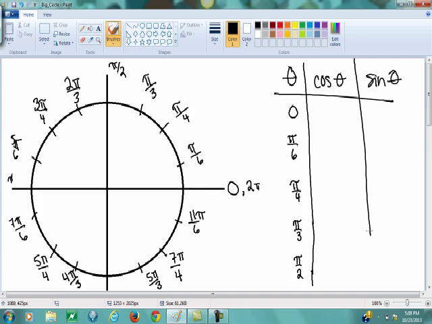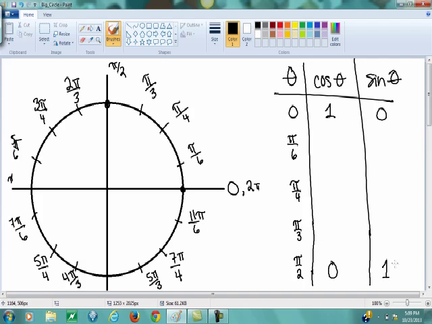Okay, and so cosine of 0, so think of this point. Cosine goes with the x-coordinate. Well, this is on the unit circle. I haven't gone up at all, so the y-coordinate is 0, that's sine. And cosine is we're 1 unit over, so the x is 1. And by the time we get up to pi over 2, they've kind of switched here. I haven't gone left or right at all, I'm right on the y-axis. So the x is 0, and the y is I've gone up 1.